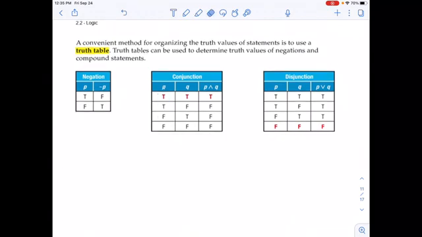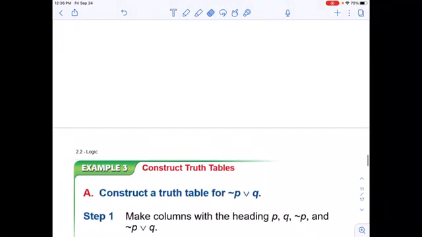And then we have an AND version of these. Notice that the only time that P and Q is true is when both P and Q are true themselves. Everything else is false. A disjunction, on the other hand, you only need one or more of the two to be true to have the OR statement true. The only time it is false is if all of these statements are false.